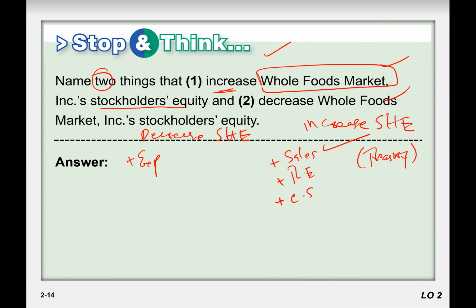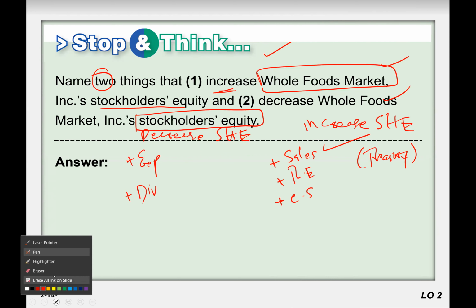So first of all, you classify or write down the categories of stockholder equity, and you can find out easily what decreases the shareholder equity and what increases the shareholder equity. The second point is dividend. If you increase more dividend, the shareholder equity decreases. Right? So let's see our answer here.